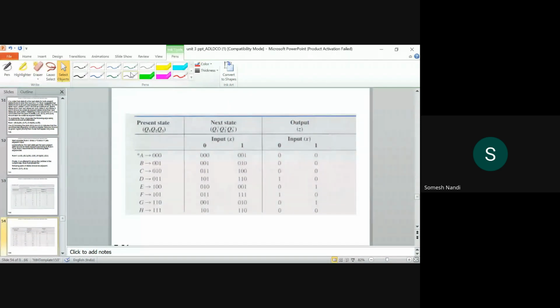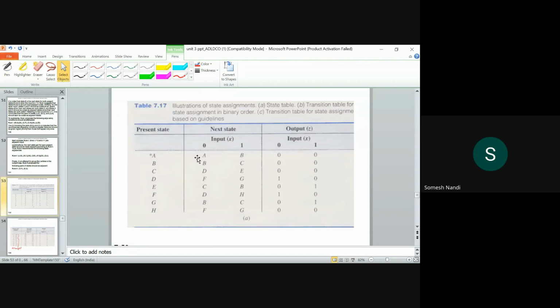A is 000, B is 001, C is 010, D is 011, E is 100, F and G. This is your straight binary sequence. Whatever table we had, A was 000, and the previous table is represented by it.